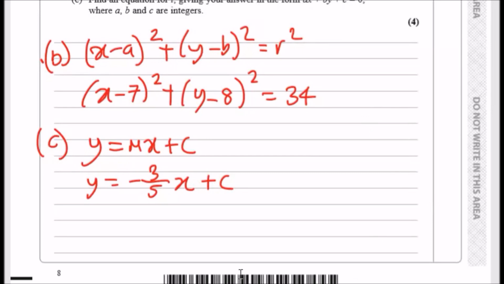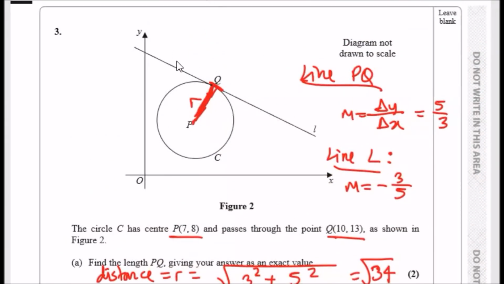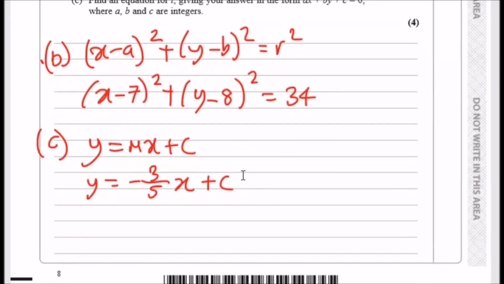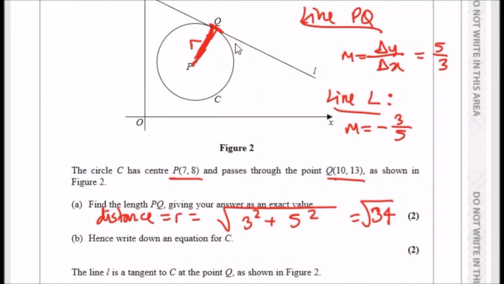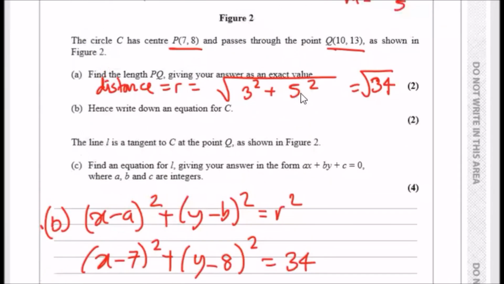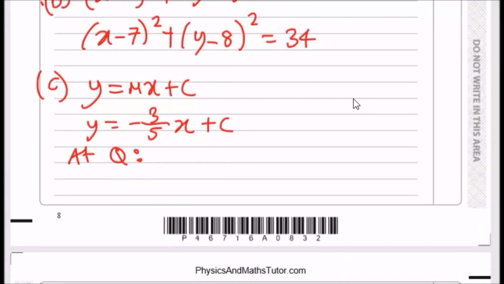Now all we need to do is pick any coordinate on this line that we know, and for example we know Q is on this line, plug it in and find the value of c. Then rewrite the equation with c and voila, done. So at Q we have coordinates (10, 13), so x is 10, y is 13. The equation becomes 13 equals minus 3/5 times 10 plus c.